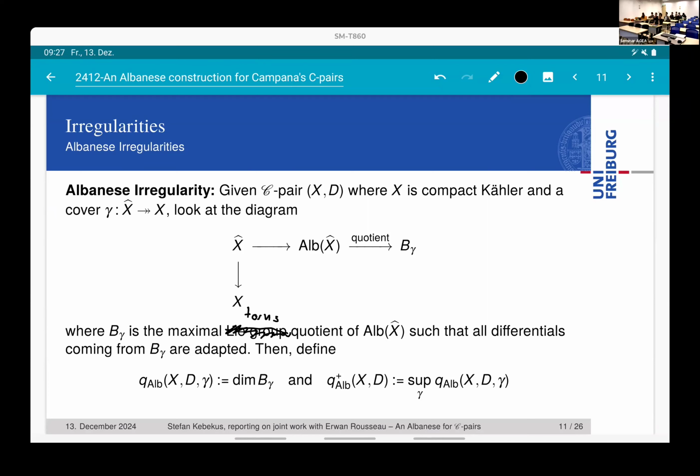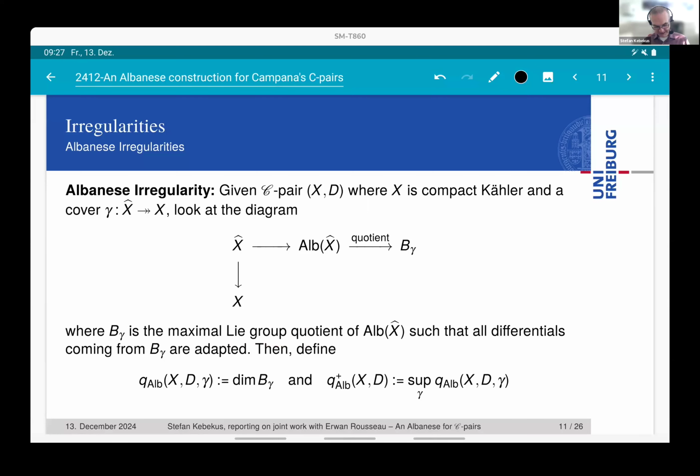I don't want something like in the Albanese, modding out a subgroup that's dense and then ending up with a non-Hausdorff space for B gamma. So I want the quotient to be an honest torus and not a topological group that is not Hausdorff or something. Does that answer the question? Yeah, thank you.